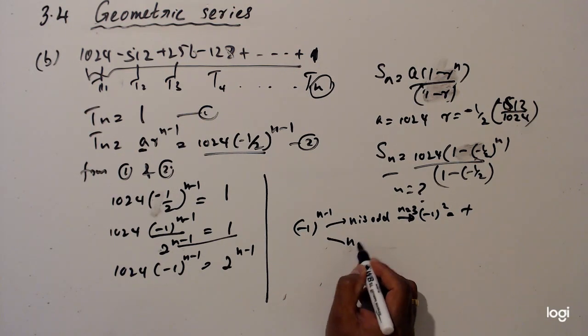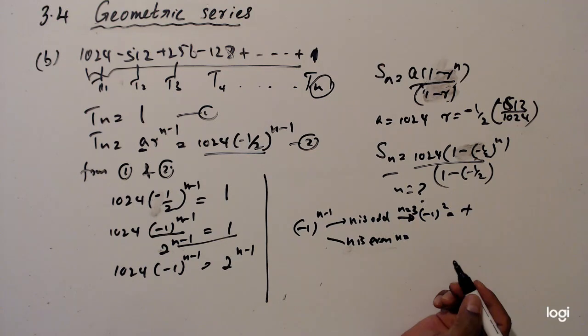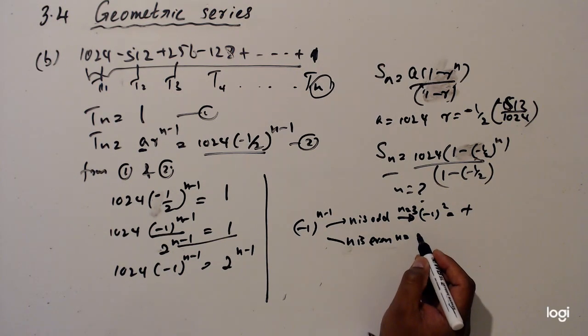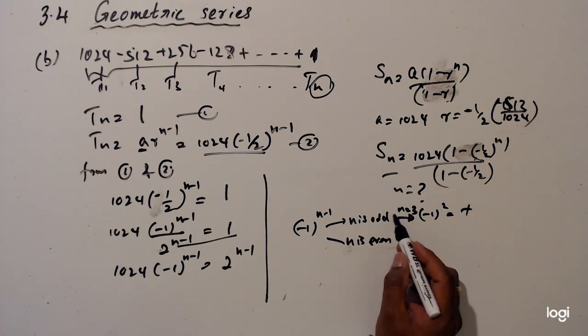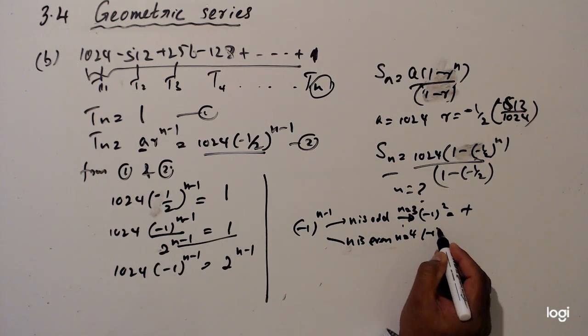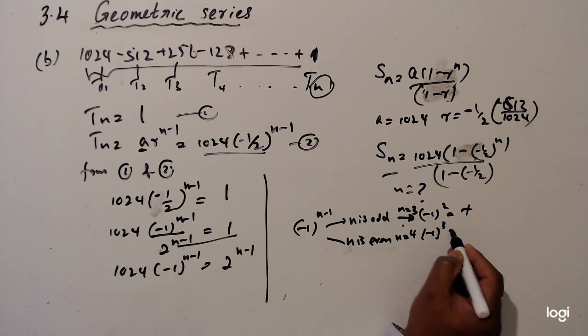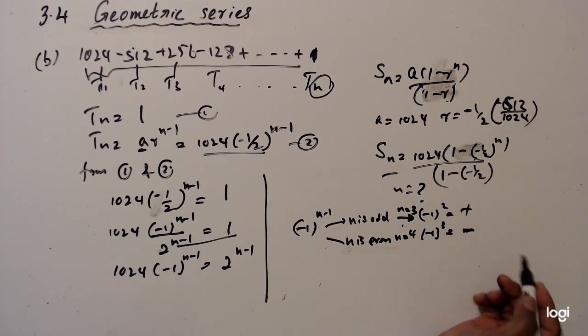If n is even, let's say 4, then 4 minus 1 is 3, so this is a negative value.